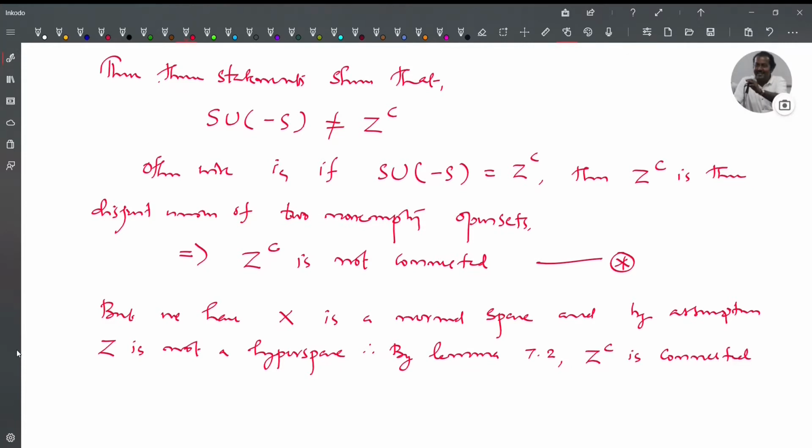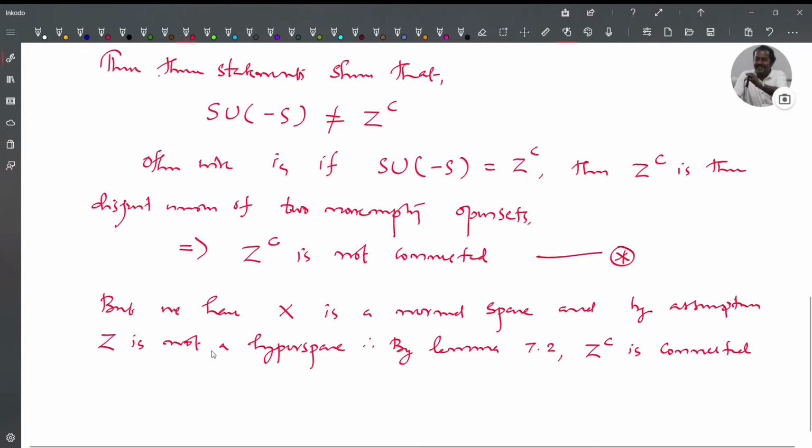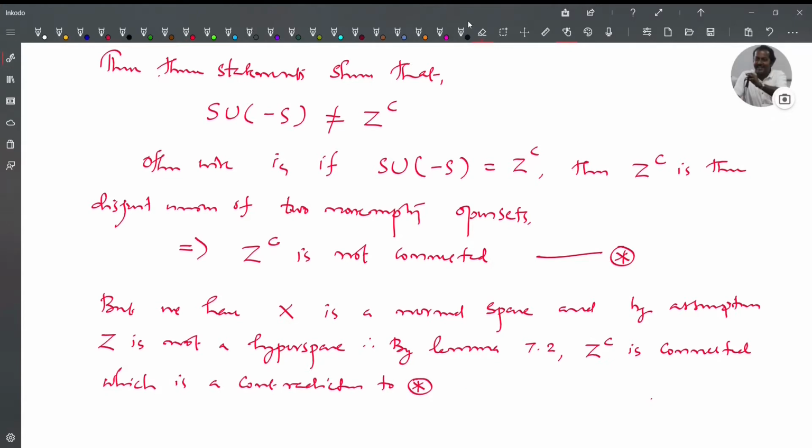Which is a contradiction to star. S union minus S equal to Z complement is not possible. Therefore, S union minus S is not equal to Z complement.